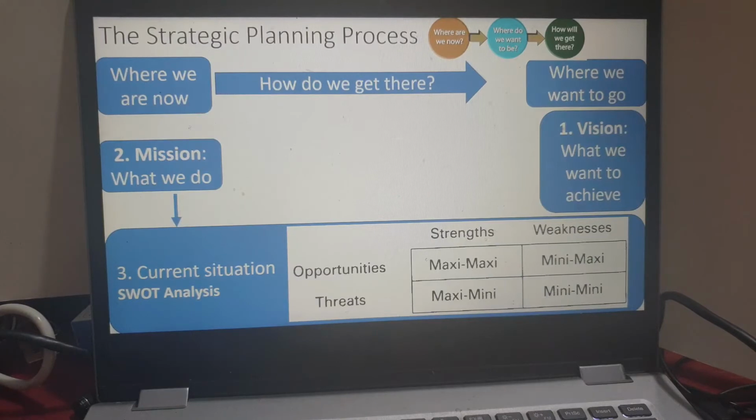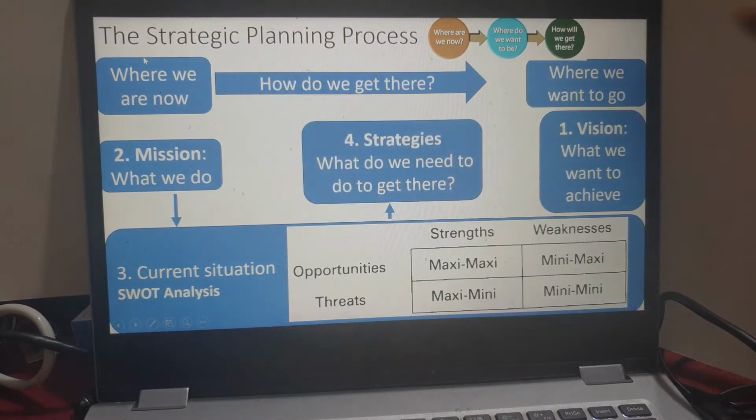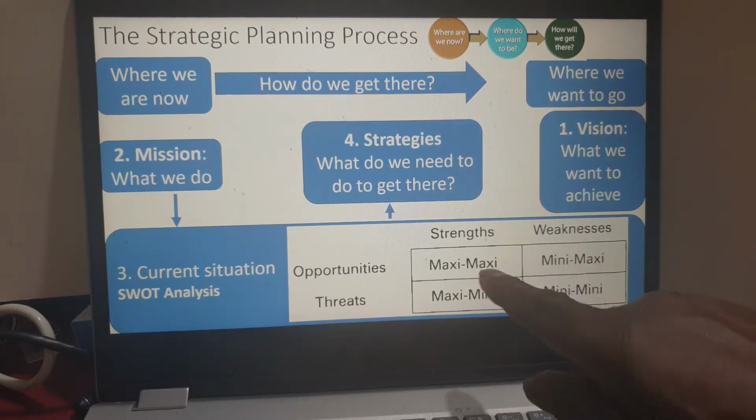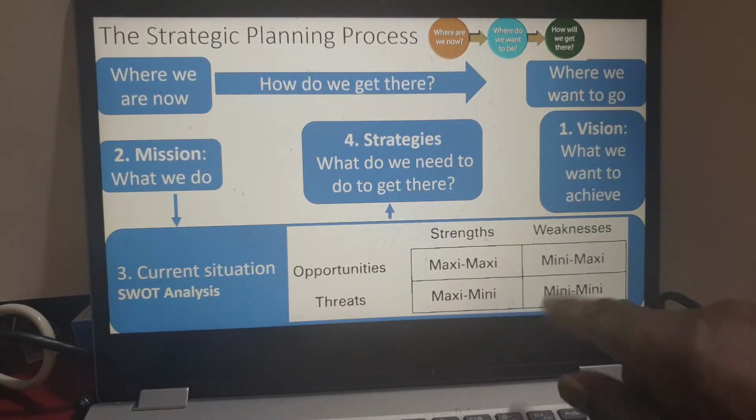Now, once you have that step three, you are ready to develop the strategies, saying what we need to do to get there. Indeed, the reason we do a SWOT analysis is so that we can get those four sets of strategies.